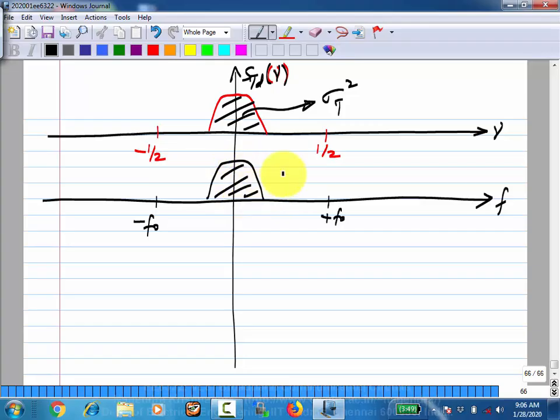it will have basically a spectral density. Let's see.